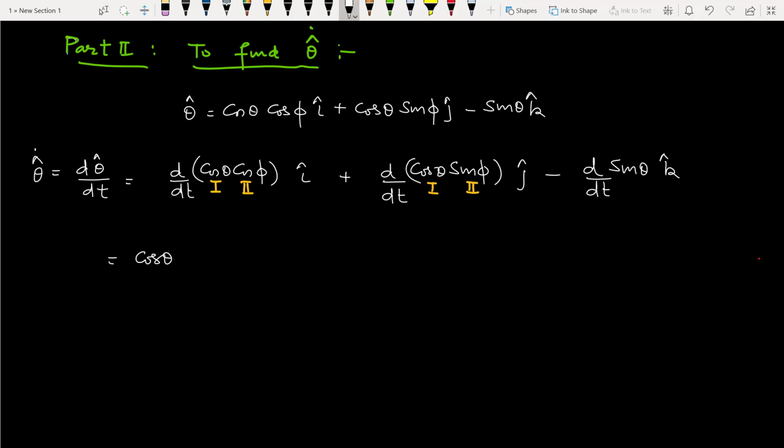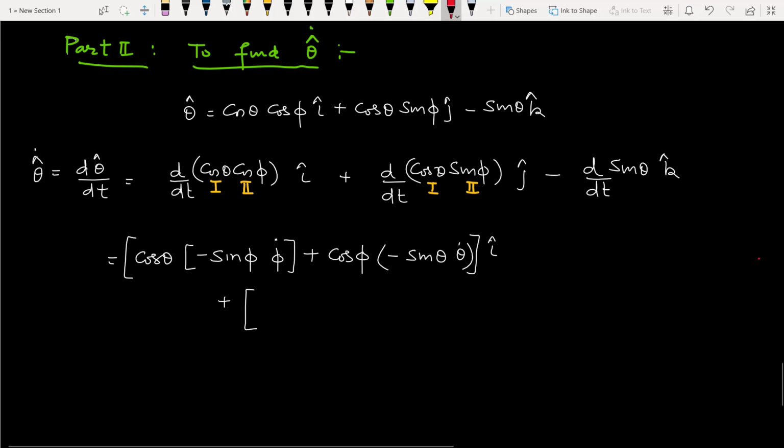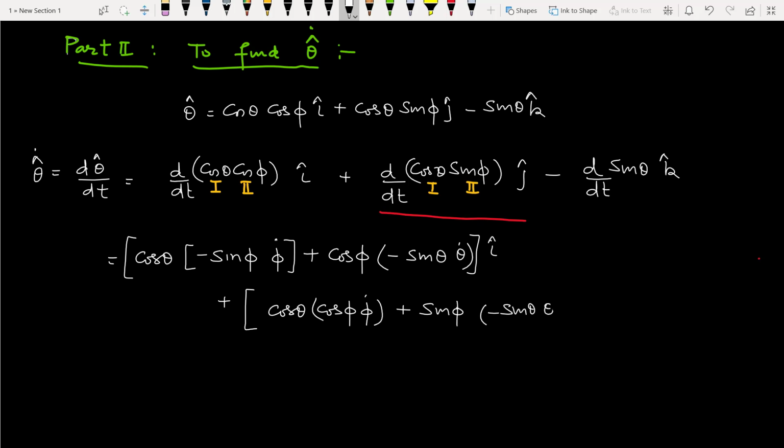So first function as such, derivative of second function, it is minus sin phi phi dot, plus second function as such, derivative of first function, minus sin theta theta dot, i cap, plus, now we switch to this, first function as such, derivative of second, cos phi phi dot, second function as such, derivative of first, sin theta theta dot j cap, minus derivative of sin theta is cos theta theta dot k cap.